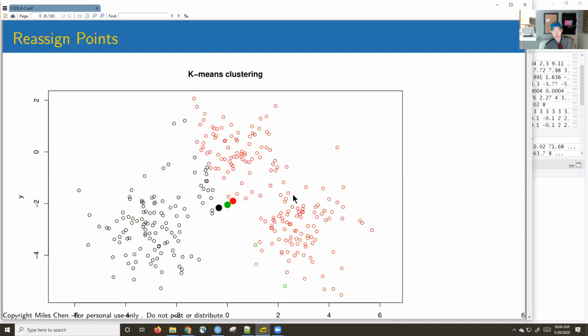Random, centroids, reassign, centroids, reassign, centroids, reassign. Recalculate the centroids, redo the assignments, and then nothing changes. That's how we know our data has converged, and this would be the result of k-means clustering for this data set.